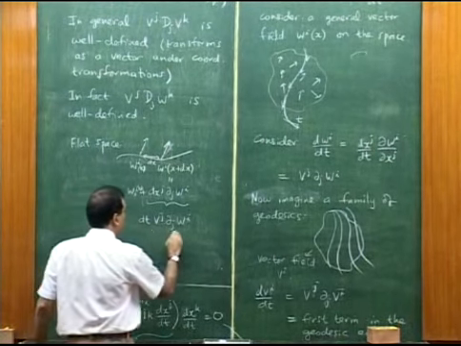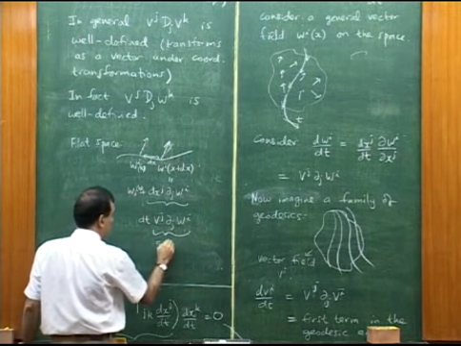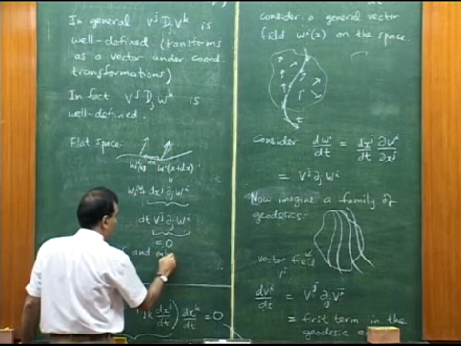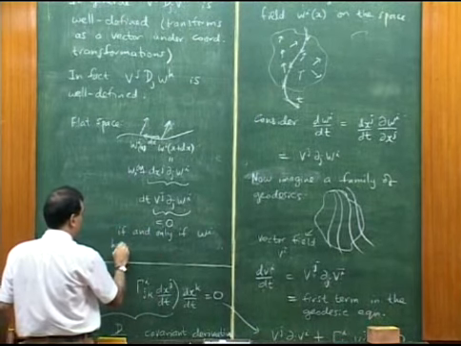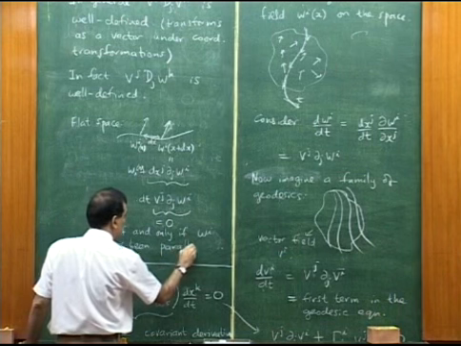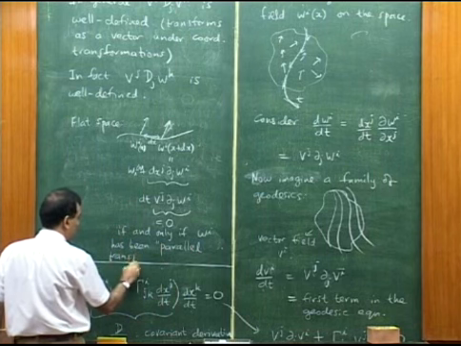So this equals 0 if and only if w^i has been parallel transported. So this is the definition of this new concept. Many of you may have heard of it before.